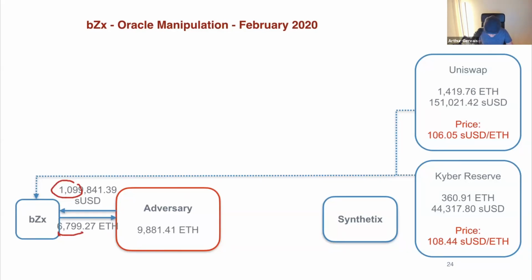This is what Sam already explained in a bit different way, but it's the same message. BZX is using Uniswap and the Kyber reserve as price oracles to determine the exchange rate between US dollar and Ether. And because we previously reduced the exchange rate significantly here and here, we are able to receive that much Ether in this particular call.